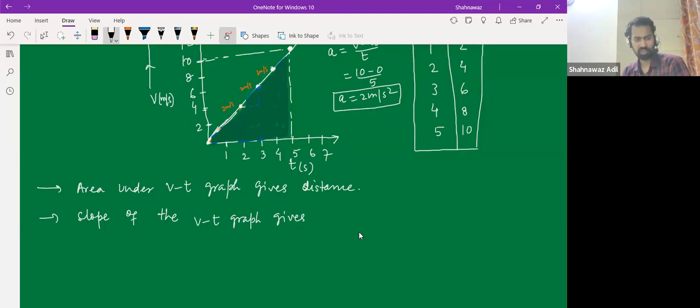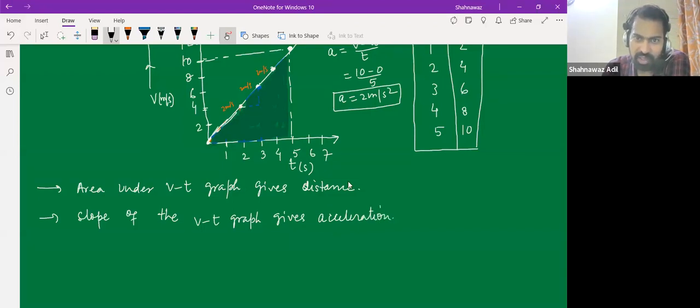What is the slope of the velocity time graph? Do you guys understand the slope? Yes, sir. The slope of the velocity time graph gives acceleration. Yes, correct. Is that clear to you guys? Are these points clear? Yes, sir. Amna and Akif, yeah.